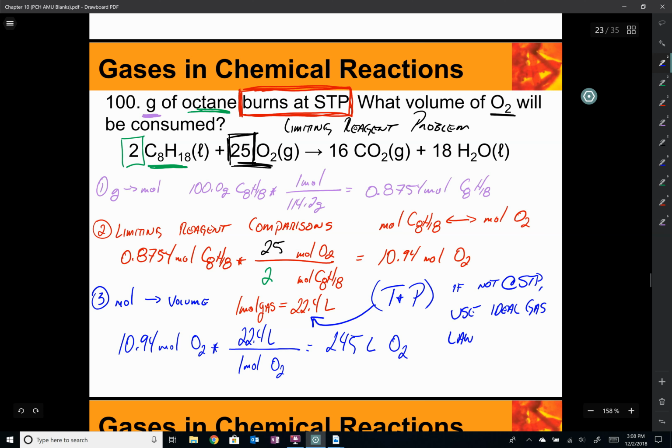You have moles, you have information about temperature and pressure, you have your gas constant, and you can calculate for volume. Technically speaking, behind the scenes here, we are doing the ideal gas law, just a simplified version of it. If you're wondering what I'm talking about, back up. I think it was in part 1 where we worked through how to get that 22.4. But if I give you information different than STP, use the ideal gas law to solve this, okay?